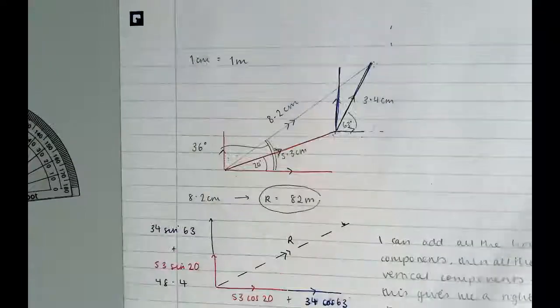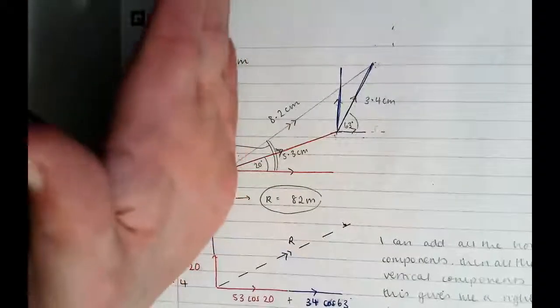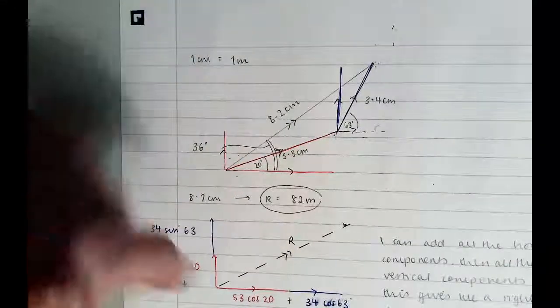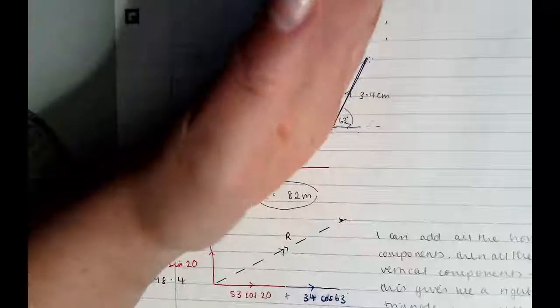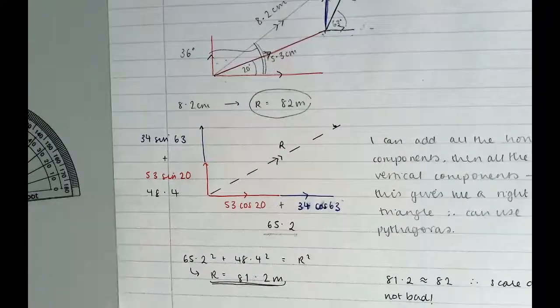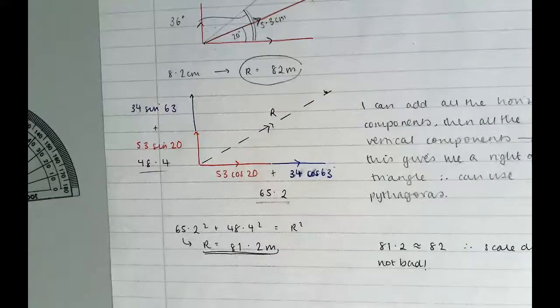Vertically, it's going to work the same. I've got my vector A, 53. I'm moving away from the angle of 20, so therefore it's sine. So I've got 53 sine 20, plus I have 34 sine 63. That makes 48.4.